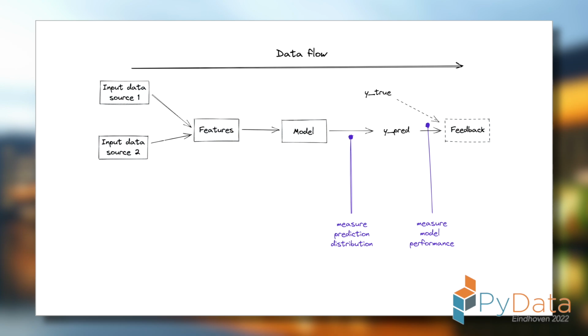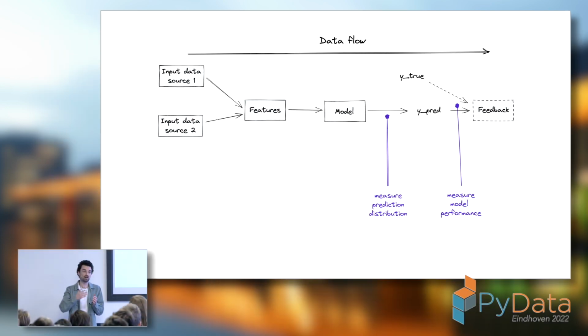We only get the feedback 1 month later. Because if we predict that he will stay, then we need to observe this customer staying for 1 more month, and then we know if this was the right decision or not. So there is this delay in calculating how well your model is performing, but it's one of the most important things to do.